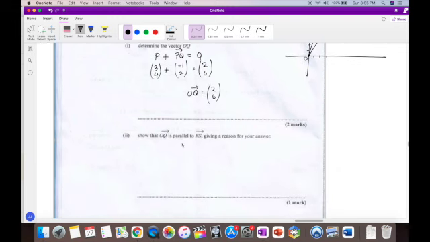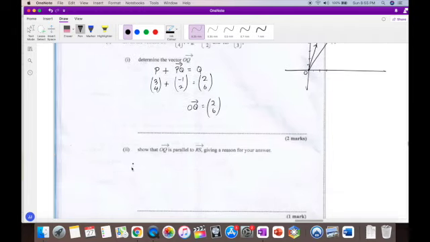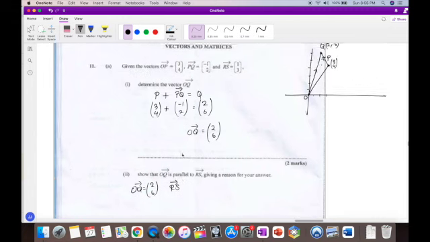Show that OQ is parallel to RS, giving reason for your answer. Well, OQ is 2, 6. And RS is 1, 3.